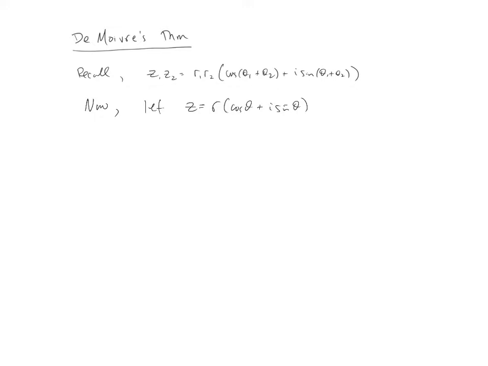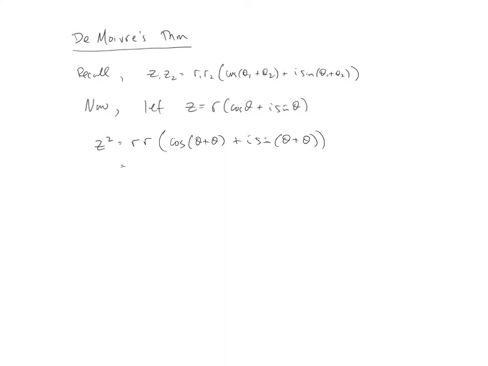And so if we take z squared, that's really just going to be this thing here multiplied by itself. And we know that when we multiply two complex numbers, we end up with this formula right here. So now, if we do this, we get r times r, we get cosine(theta plus theta) plus I sine(theta plus theta).